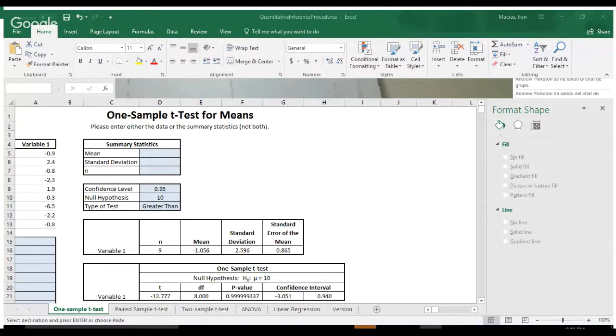So 2.2 minus 0, over 3.3. What is this, guys?